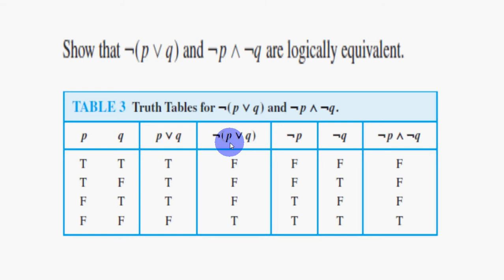If we compare these two, the truth values are similar. First three are false, last one is true. Here also first three are false and the last one is true. That means these two are logically equivalent. So you can understand what is meant by logically equivalent. Logically equivalent means truth values should be the same.